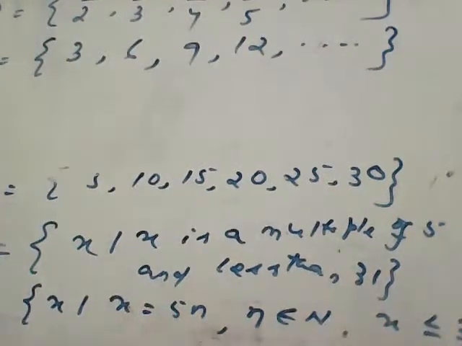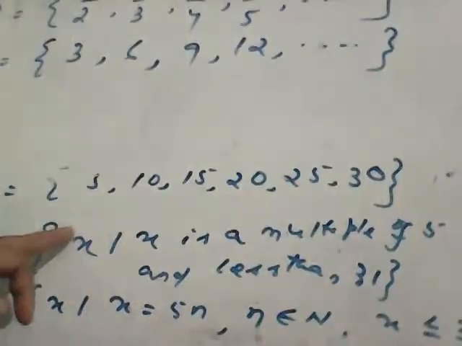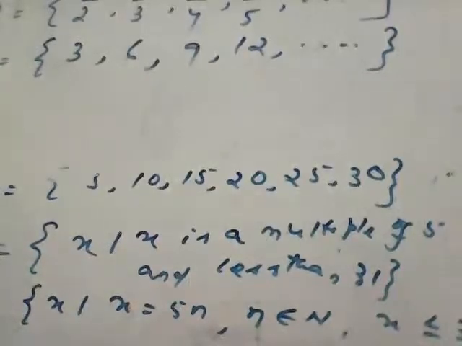I have given you 3 sets: set C, set D and set E. The instruction is to write the following sets in set builder form, maintaining this format, x such that x equal to something. Try all three problems. C, D and E, three sets are given. You write them in set builder form.